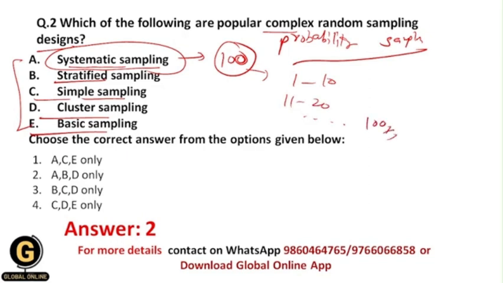Then first of all I will randomly select any number from this 1 to 10. For example, if I select number 7, then in every next interval I am going to select the 7th number. So between 11 to 20 I will select 17, and between 21 to 30 I will select 27.